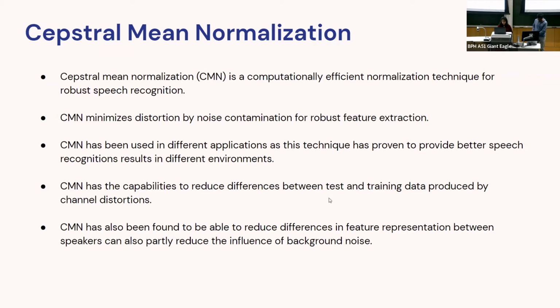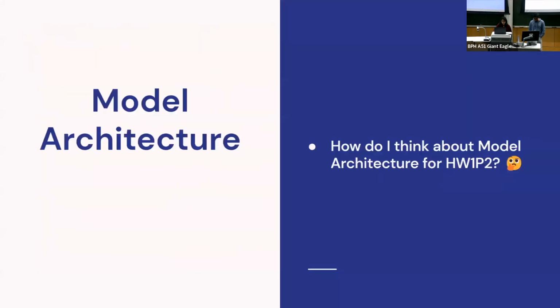CMN reduces the differences between your test and train data sets that are produced by channel distortions. CMN is able to reduce the differences in the feature representation between speakers and also partly reduce the influence of background noise. CMN is going to be used in your homework 1 P2. Keep that in mind.